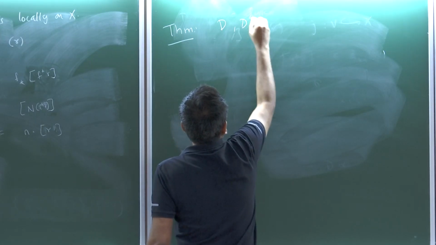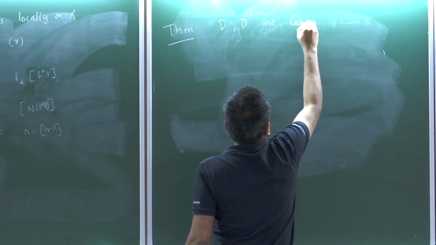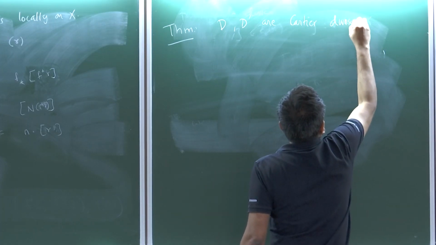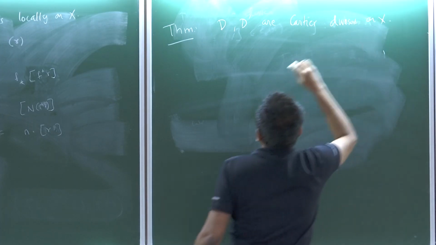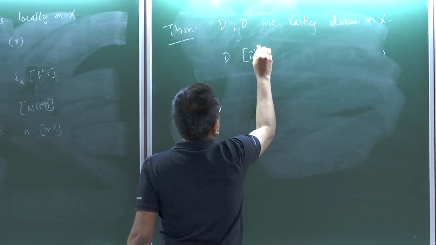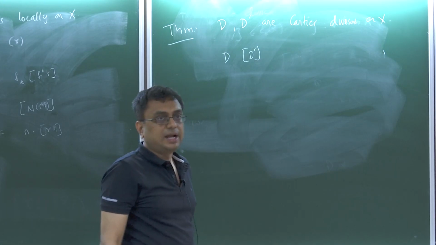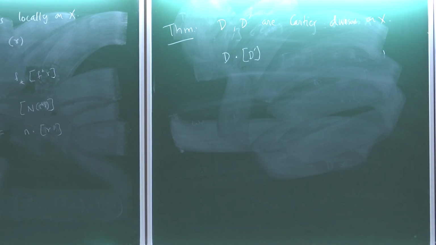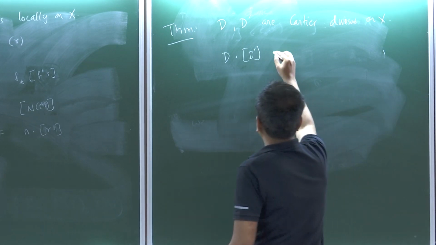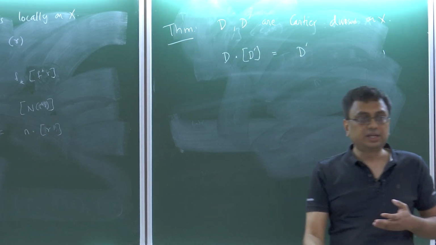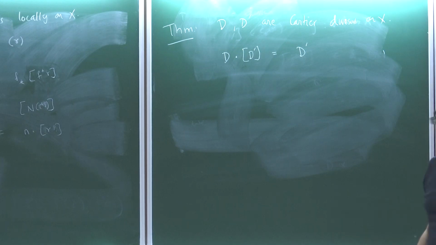If D and D prime are Cartier divisors on X, then I can take the cycle defined by D prime and take the dot product of this. Remember, the dot product is only defined as a class modulo rational equivalence. I want to show that this is equal to D prime playing the role of Cartier divisor and D playing the role of a cycle.